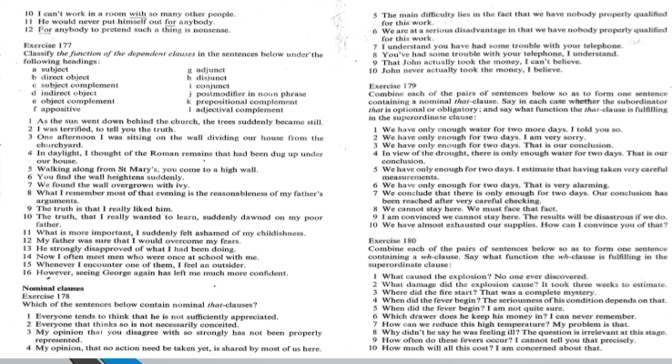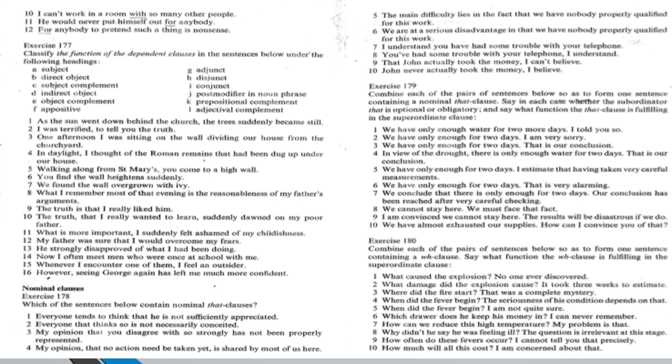So if the sentence contains nominal that clauses, you should pick it and say this sentence has a nominal that clause. In exercise 179, combine each of the pairs of sentences below so as to form one sentence containing a nominal that clause. Say in each case whether the subordinator that is optional or obligatory.